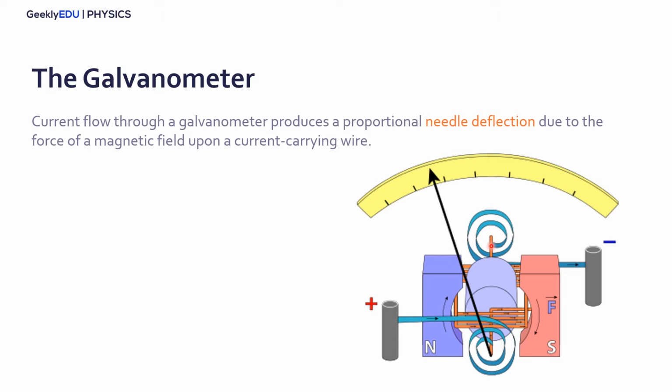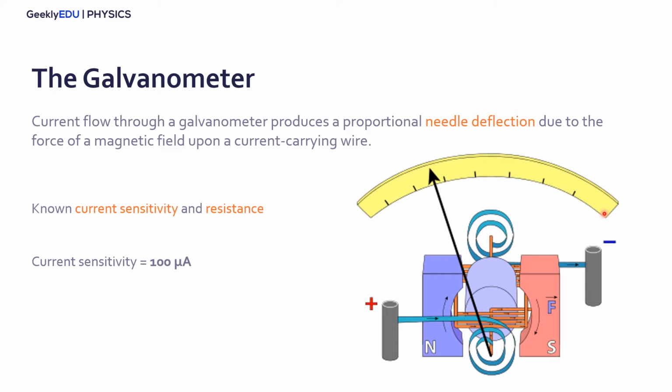and the deflection of the needle depends on the current that flows inside the equipment, okay? So for a galvanometer, we know the current sensitivity and the resistance inside here. For example, if you have a current sensitivity of 100 microamperes, then with this current flowing through the equipment, we have a full needle deflection.